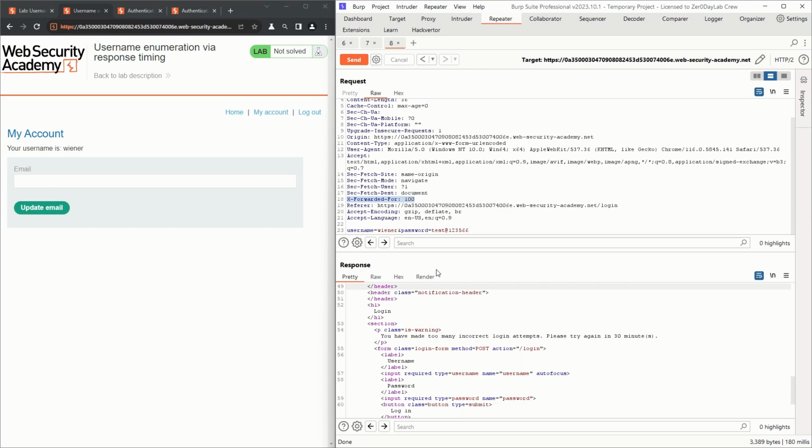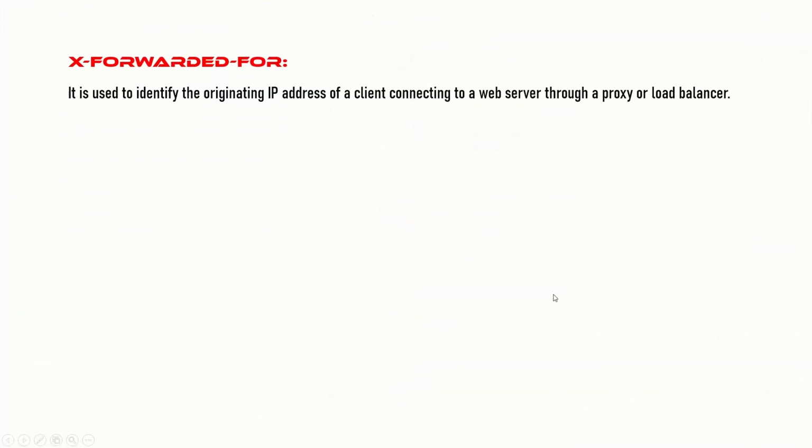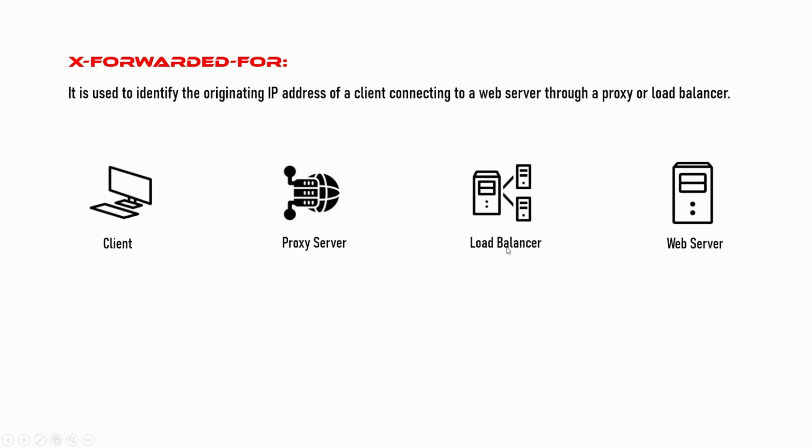Now let us understand what this X-Forwarded-For header is used for. X-Forwarded-For is usually used to obtain the IP address of the client when it is connected to the web server. Whenever the client connects to the web server, the request may travel from the client to a proxy server, and from the proxy server to probably a load balancer, and then finally to the web server.